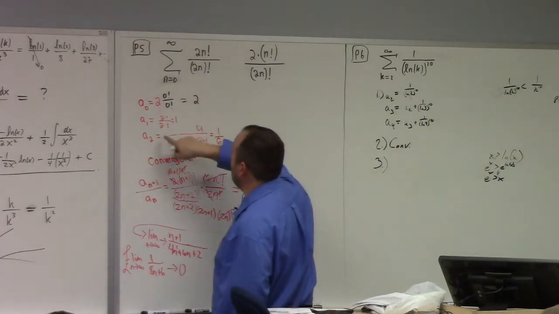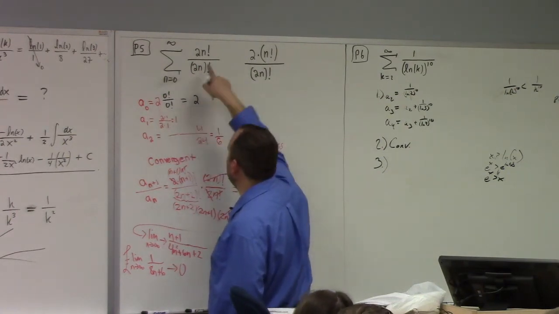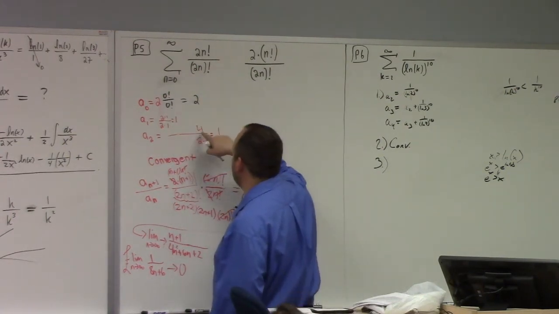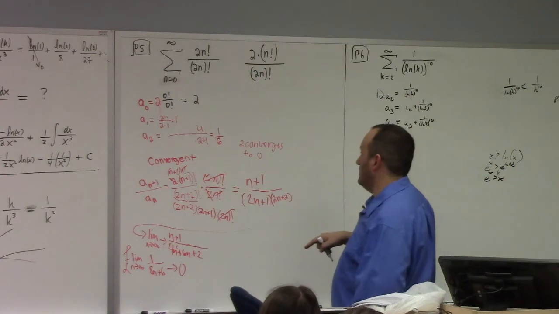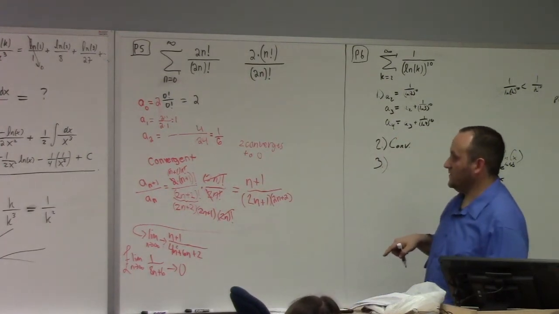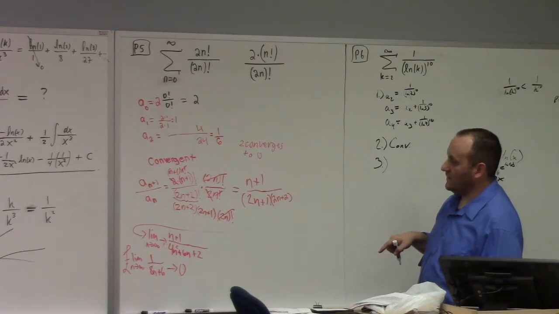And then we've got 2 times 1 over 2 factorial, which is 1. Very good. A sub 2 is 2 times 2 factorial, which is 4, divided by 4 factorial, which is 24, which is 1/6. Very good. Converges to 0. I don't know what it converges to, but I do think you're right that it converges.